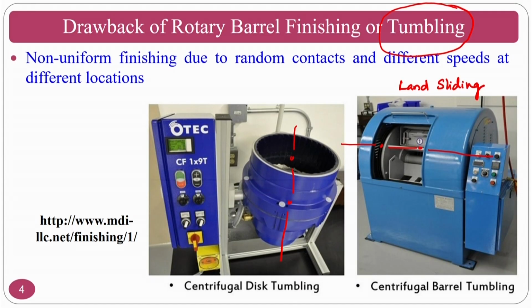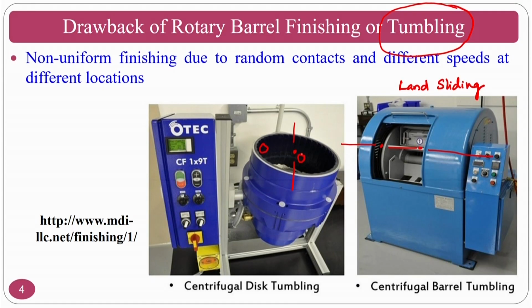But if you see the basic drawback of this particular process, I will explain it in the vertical process. Assume one implant is here, about this axis, and another implant is here. The abrasive particles, assume, are uniformly distributed.